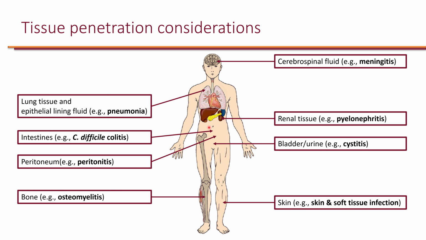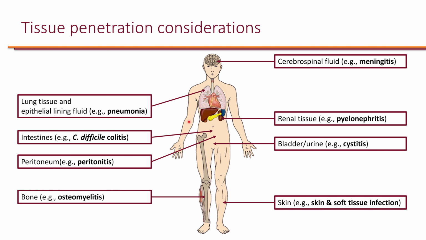For peritonitis, which is in the peritoneum or peritoneal space, you want to make sure that the drug penetrates that area. Occasionally, if the infection is inside the intestines, for example, Clostridioides difficile colitis, you actually want to make sure that the drug stays in the gut and is not absorbed into the blood.